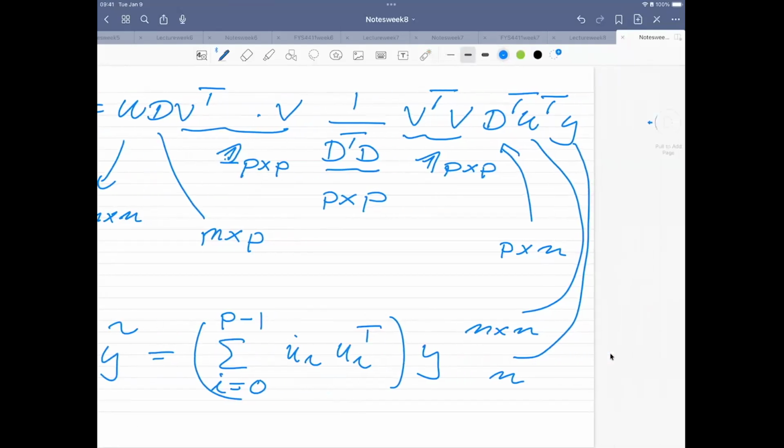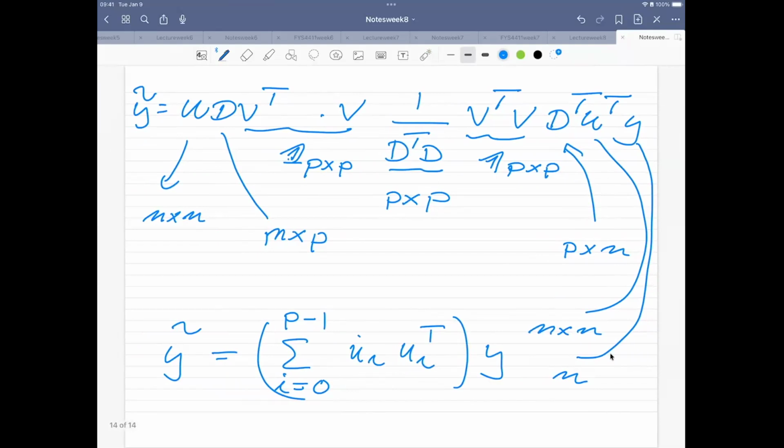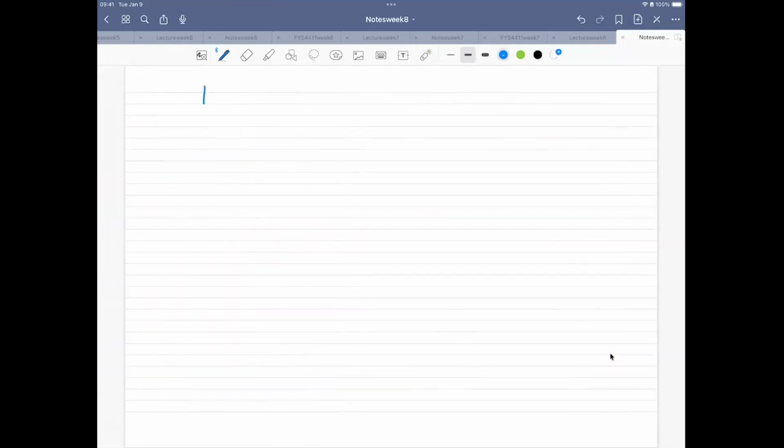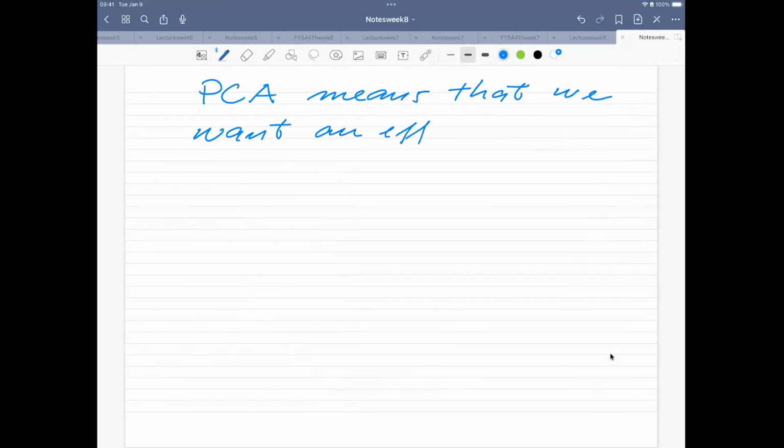So the PCA theorem, when we use the singular value decomposition, in a nutshell, PCA means that we want an effective dimension, which I'm going to call M, which is either equal to or less than the dimension p.